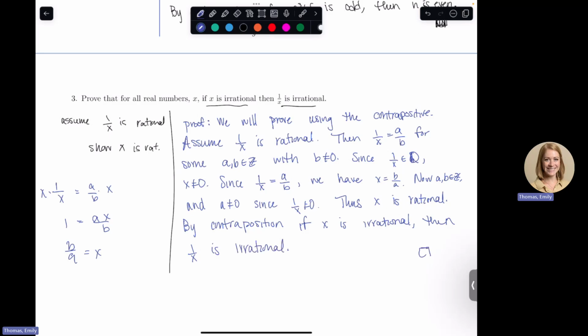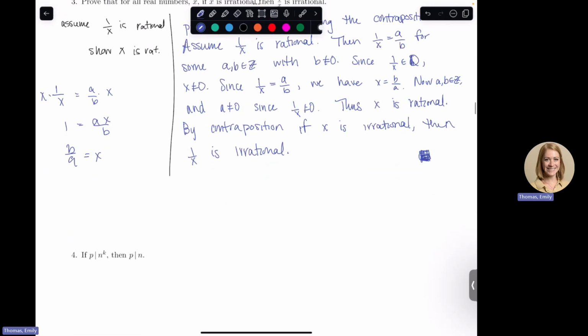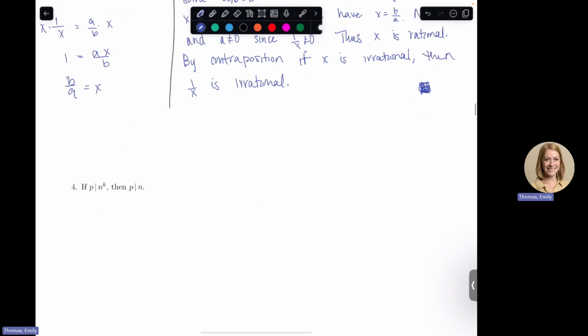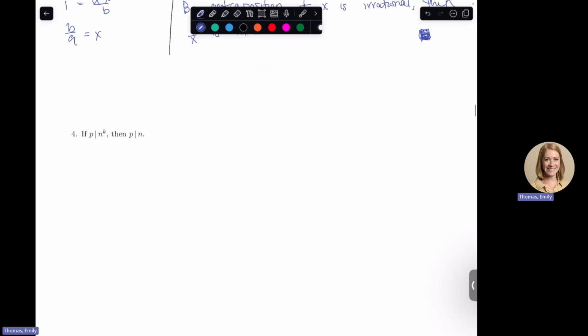All right, just one more and then we can be done for today. This one's fun. If p divides n to the k, then p divides n. Starting with the bigger thing is weird, so we're going to start with this thing. Let's just do some scratch work for this one.